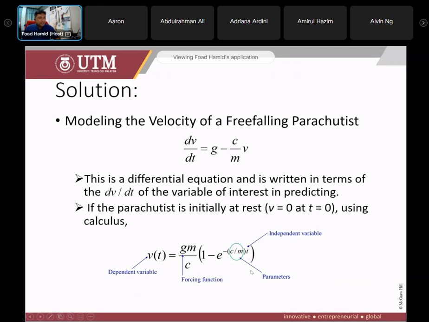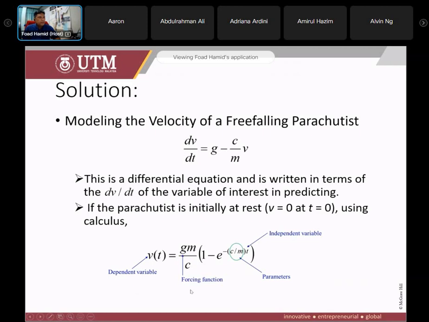There are other terms here. So we have the forcing function. g is a force that pulls you downward. So this is a force. m is the mass. c is the coefficient of drag. So this is what we call the parameters, m and c. So in this case, g equal to 9.81 meter per second squared.